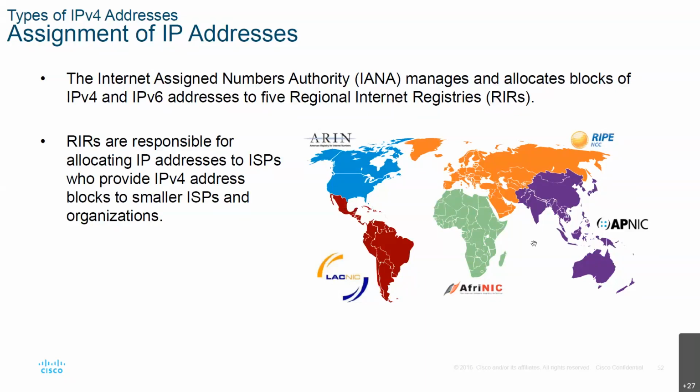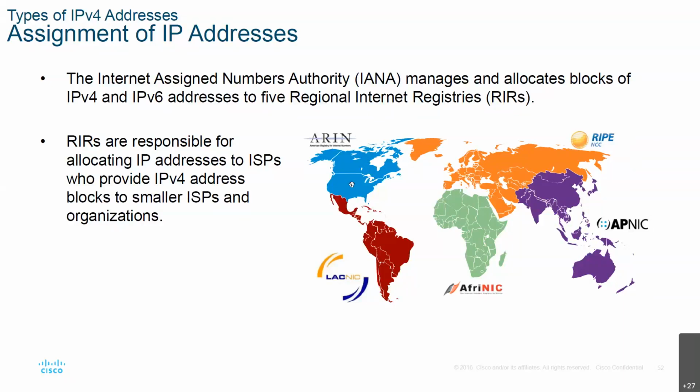We have one for Asia, APNIC, and one for Europe and the Middle East, which is RIPE NCC, which also includes Greenland, because Greenland is a part of Denmark. So that is also part of your Europe. Yes, ARIN only consists of Canada and USA.